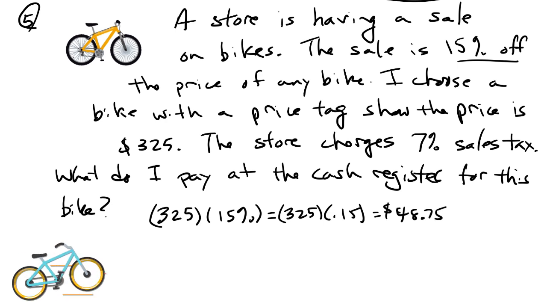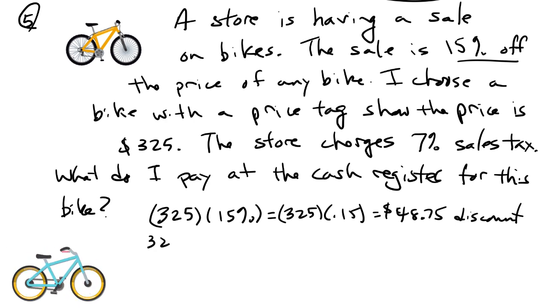$48.75. And on these problems, since they're going to get longer, I like to write down next to the number what this is. This is the discount, because you're going to have a list of several things here, and it will be helpful if you write down what it is you just calculated. I just calculated the discount. So now I have to determine what is the cost of the bike with the discount.